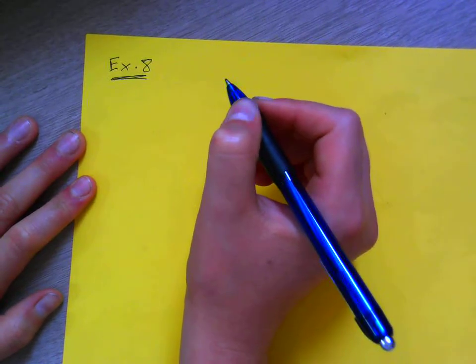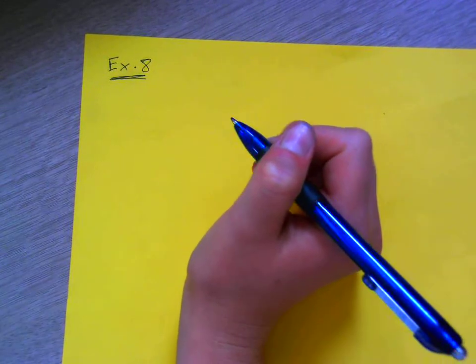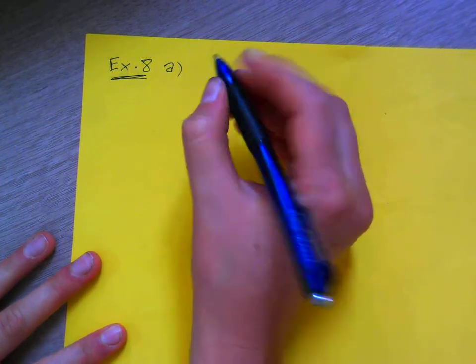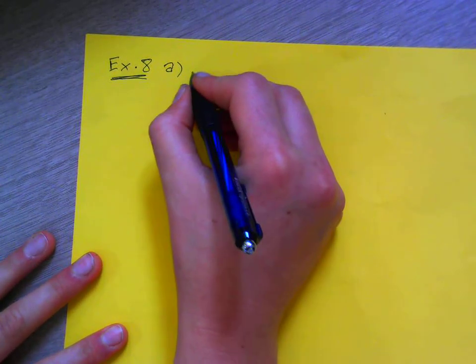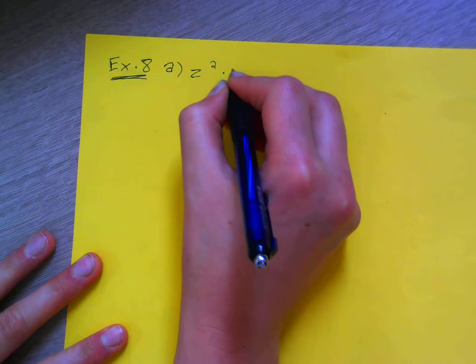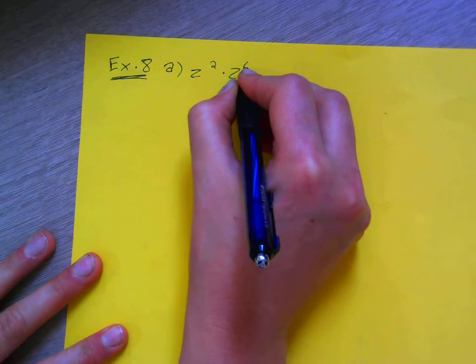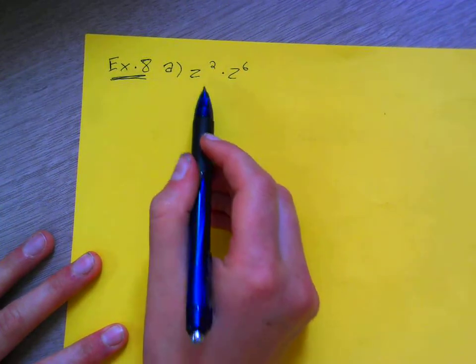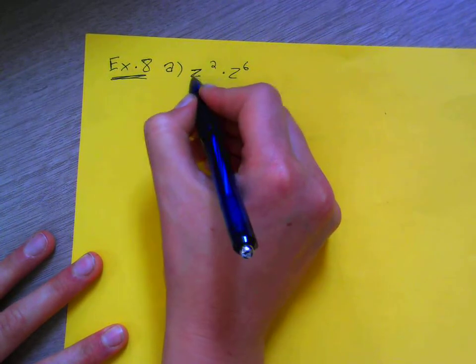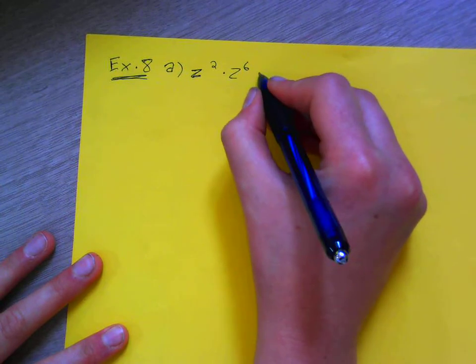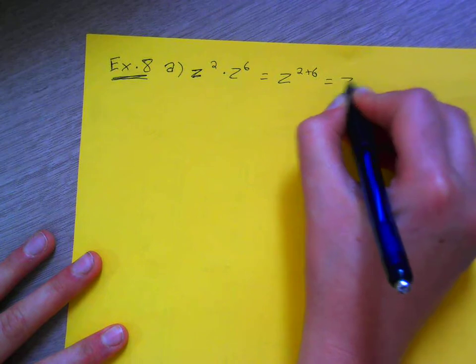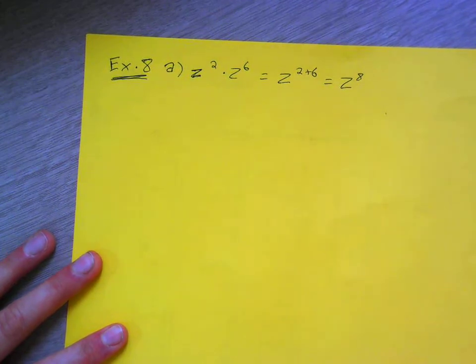Okay, example 8. In example 8, we will try A. So z squared times z to the 6. If we want to figure this out, we do not have to know this number. It can simply be z as in algebraic, and we can still find it. It's z to the 2 plus 6 equals z to the 8, and that is our answer.